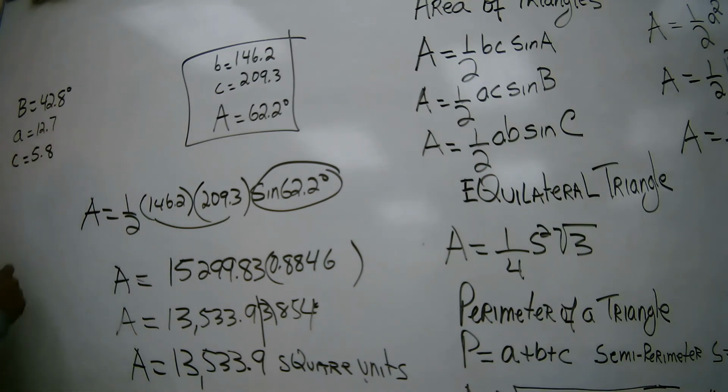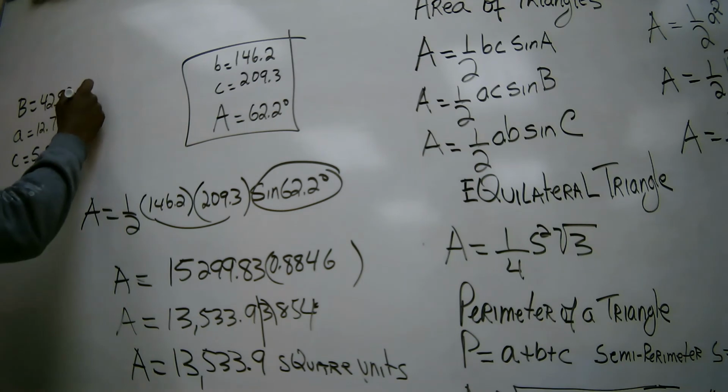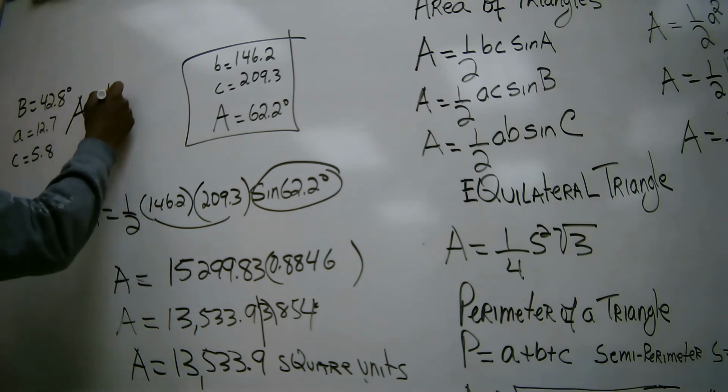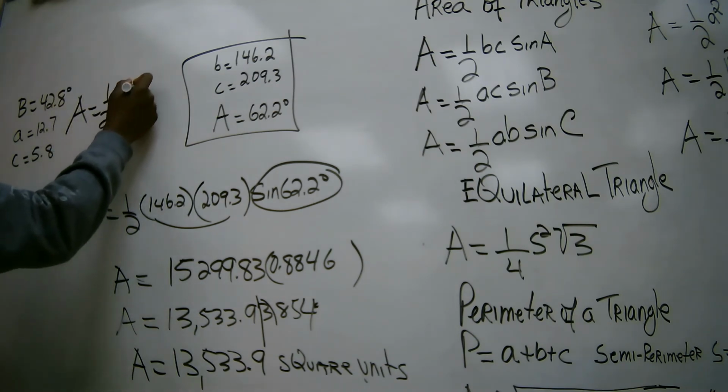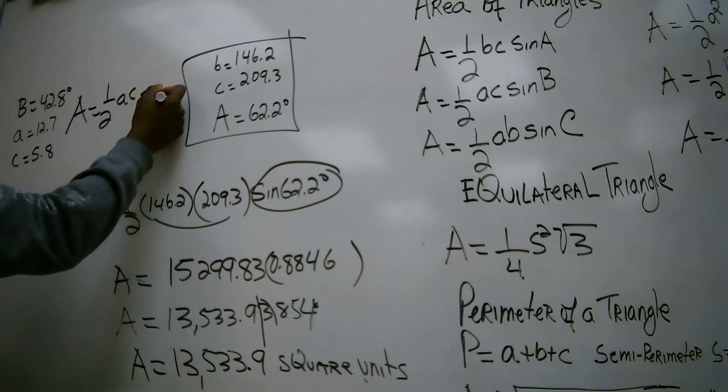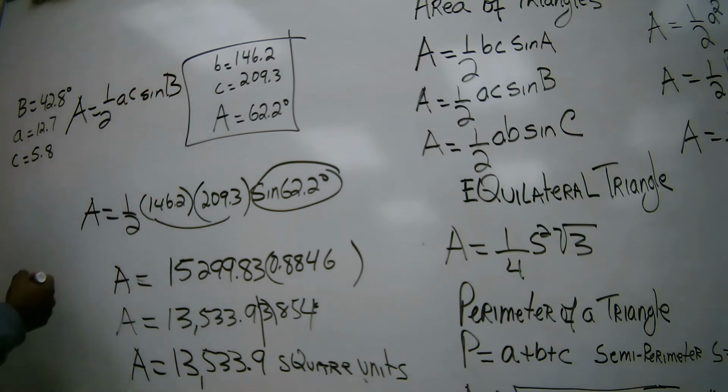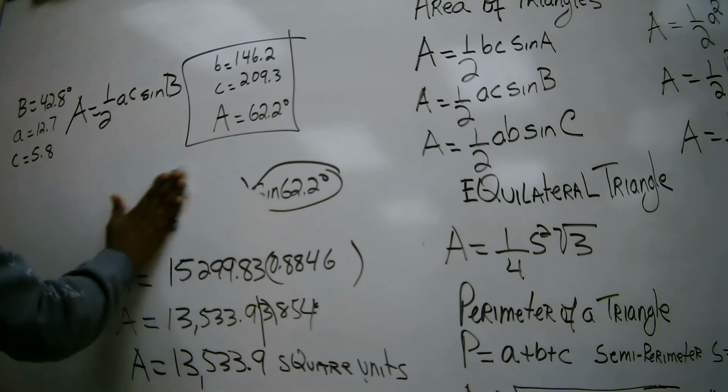Once again, this seems to be very easy. It's 1/2 AC sine B, so area equal 1/2 AC sine B. Then you have your information. You just only have to plug them in, then to find your area.